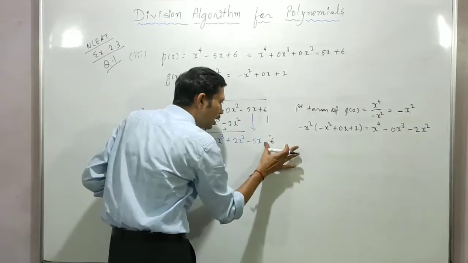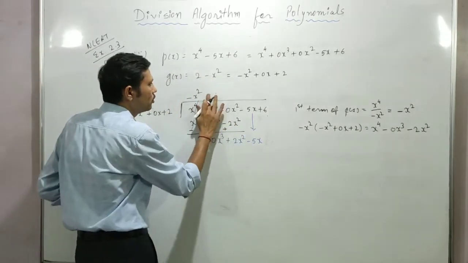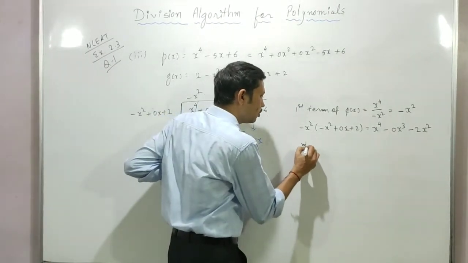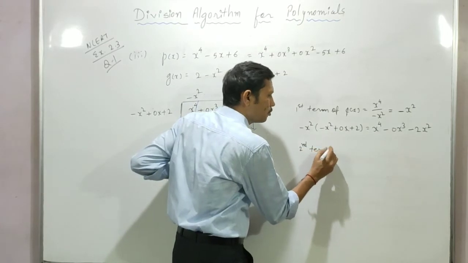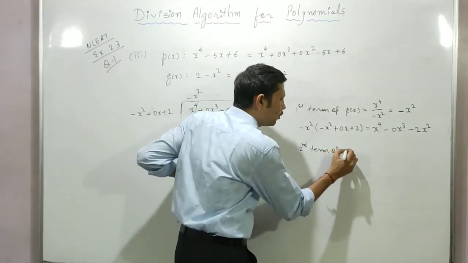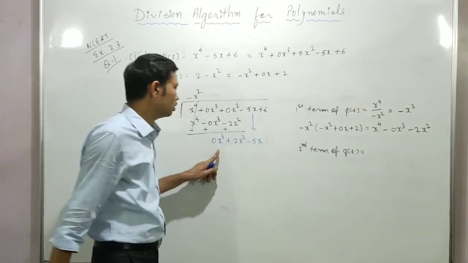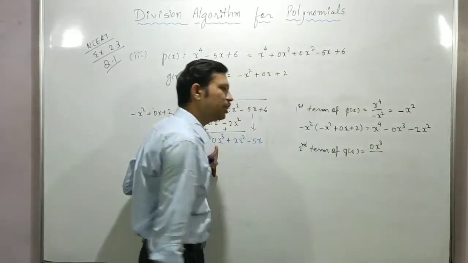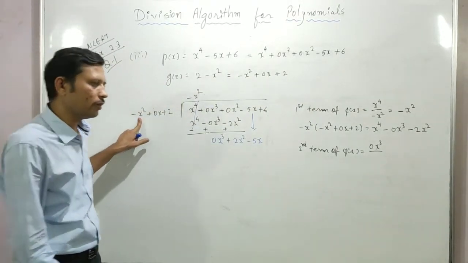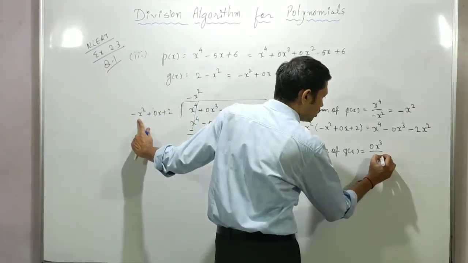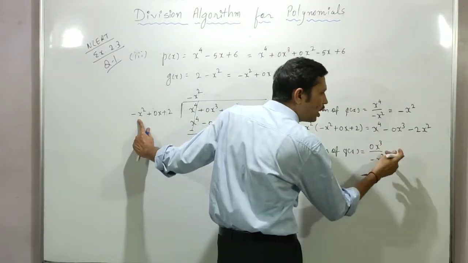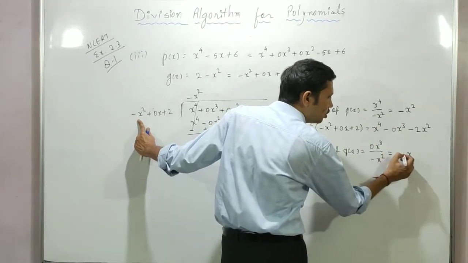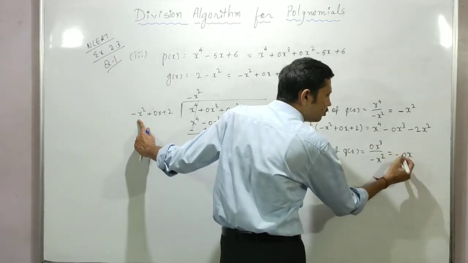If you want to do the calculation, I will show you how it happens. As per our calculation, for the second term of our quotient, the first term of the dividend should be divided by the first term of the divisor. We can see the numerator is 0, so the overall answer is 0. 3 power minus 2 power is the 1 power, and 0, overall answer 0 and the minus.